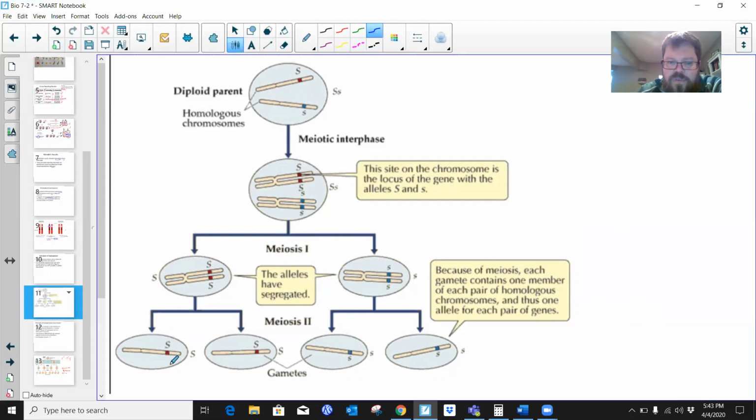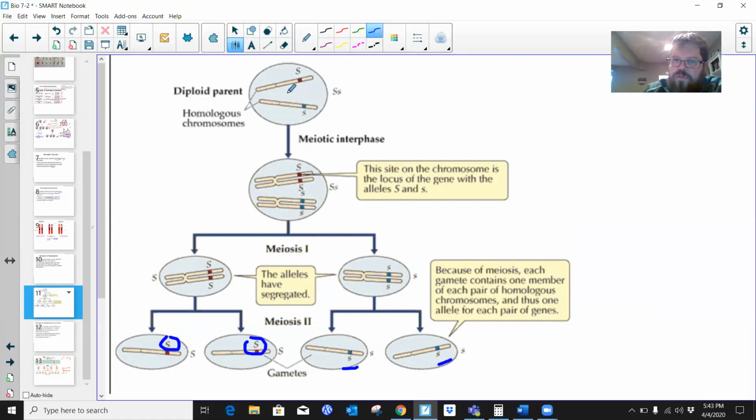Again, the result is that of the 4 resulting gametes that are going to be passed along, 2 of the 4 cells have the dominant allele, and 2 of the 4 resulting cells have the recessive allele.